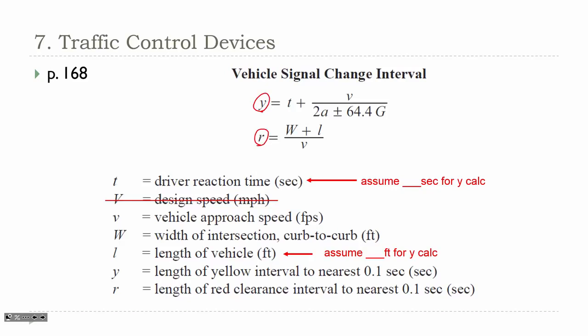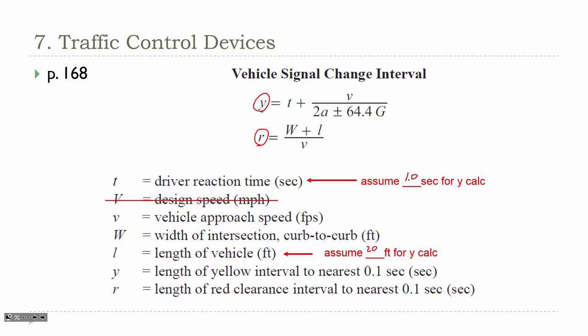Again, the all red time is not the entire time that a movement is red, but the time when one yellow ends and the next green starts. So here, we talked about this earlier, what driver reaction time do we assume? So 1.0.